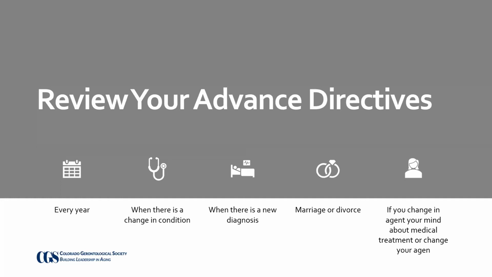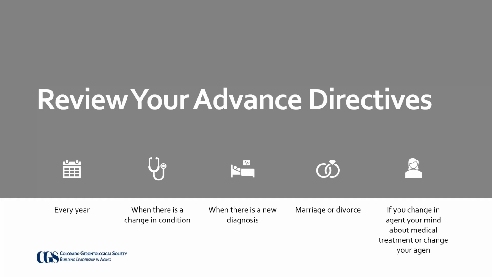Other times to review your advance directives as needed is when there's a change in any of your conditions. If there's a new diagnosis, if you get married or divorced, specifically for your medical durable power of attorney, when you have your spouse listed as your agent and you get divorced, that document becomes voided with that divorce decree.